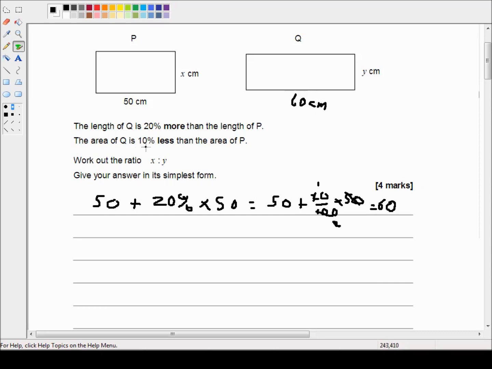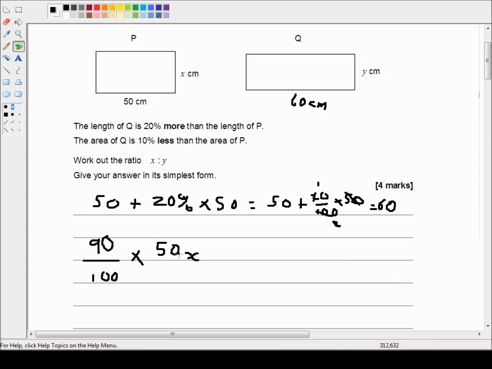Now the area of Q is 10% less than the area of P. Now 10% less is the same as 90% of, because it's 100% of something minus 10% of something, which is 90%. So it's 90 over 100 times, the area is 50x.